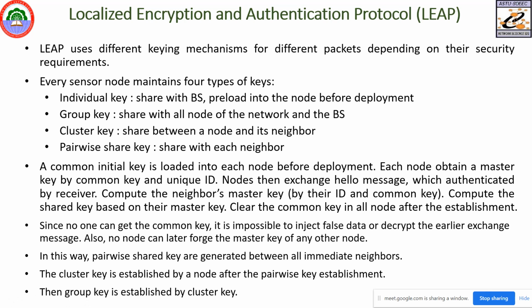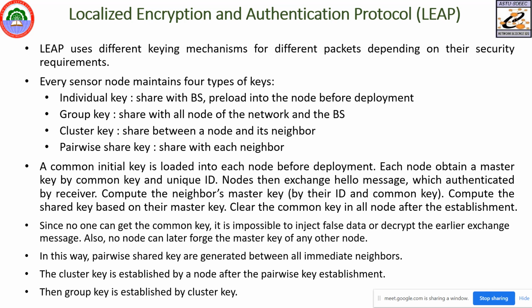The individual key is known to that particular node along with the base station. The group key is common for all the nodes available in that particular cluster. The cluster key has to be shared between the node as well as the neighbors in the cluster.